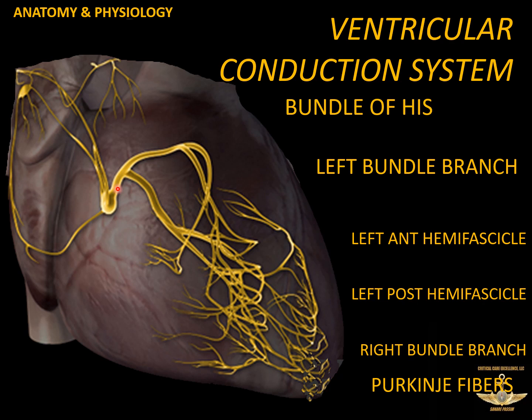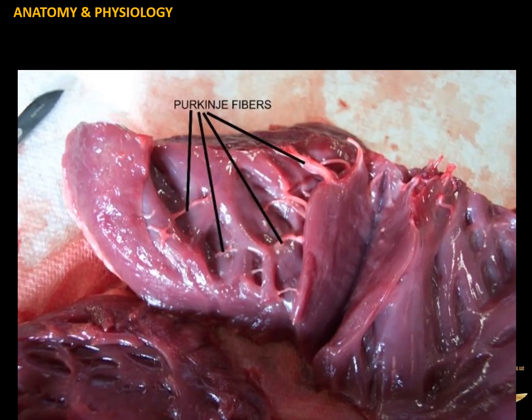The way that electricity gets from those bundle branches all the way down into the deepest parts of the heart muscle is through the tiny little fibers known as Purkinje fibers. Here we see the same big heart cut over. This is the bottom part of the ventricles, and all those little white squiggles that you see, those are the Purkinje fibers.